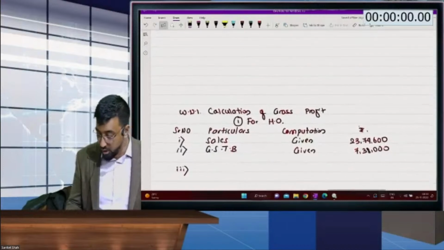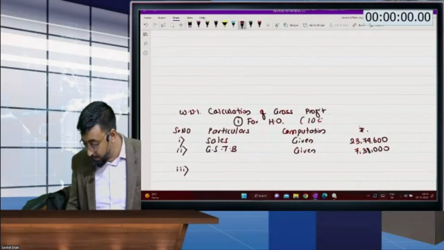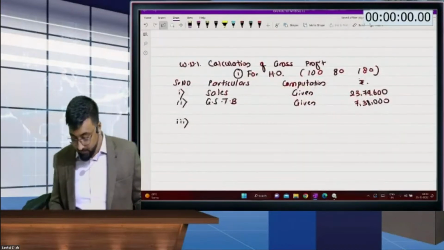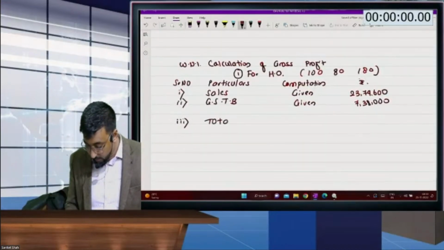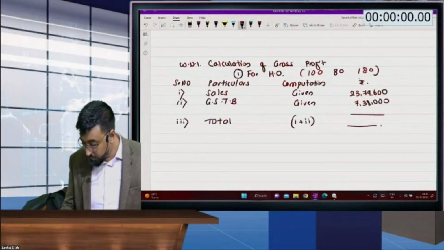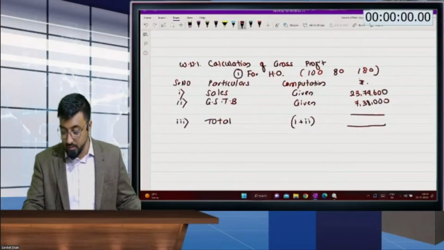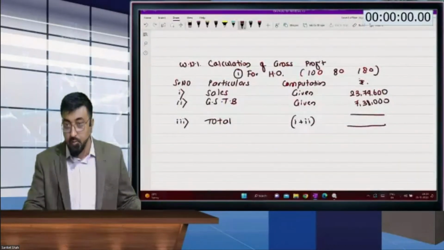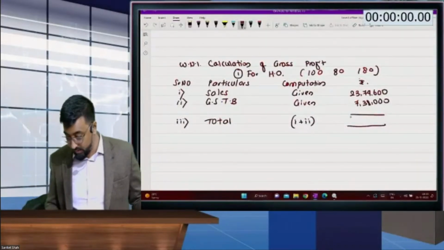Okay, so what is gross profit beta? 100, 80, 180 na. So total 23 lakh 79,600 plus 7,38,000.